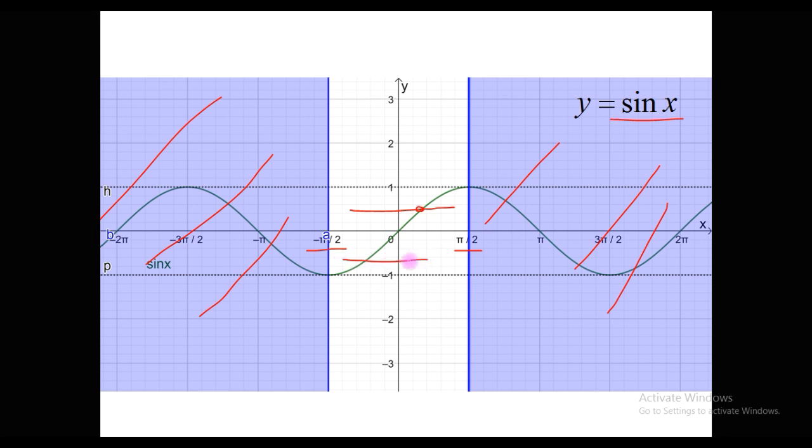If I draw a horizontal line, I am sure that it is going to intersect this graph at only 1 point. So between minus pi by 2 and pi by 2, it is 1-1. Remember friends, the inverse of sine does not exist for all values of x. It will only exist for values of x between minus pi by 2 and pi by 2.